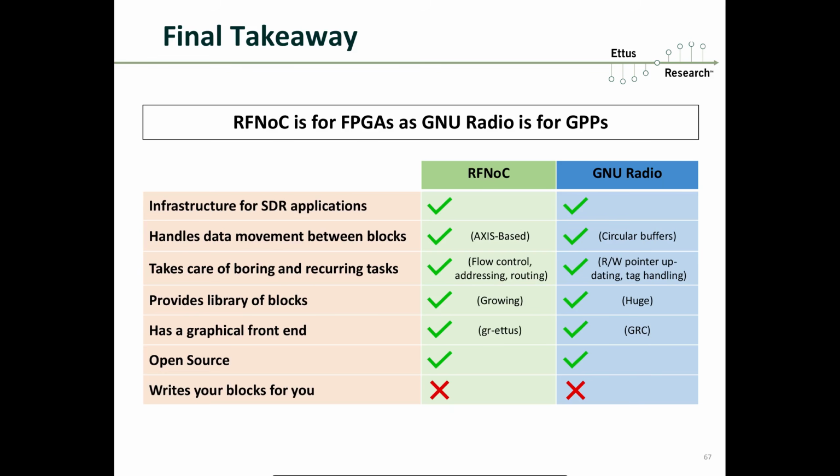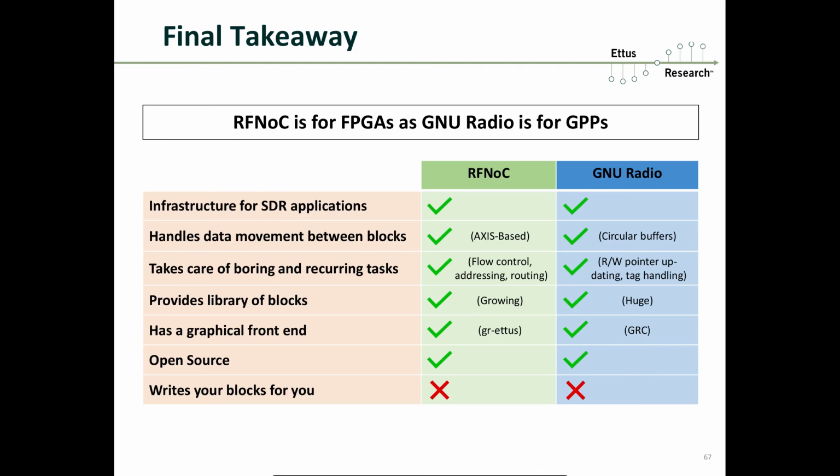They both provide a library of blocks. GNU Radio's is huge, and rfnoc's grows every year. They both have what you can think of as a graphical front end. For GNU Radio it is GNU Radio Companion, and for rfnoc it is still GNU Radio Companion, essentially through an out-of-tree module, our gr-ettus out-of-tree module. They're both open source, but one thing to understand is that neither of these infrastructures writes your blocks for you.